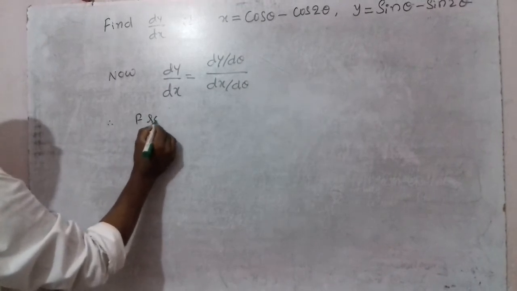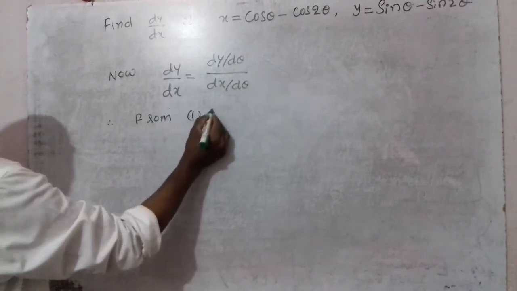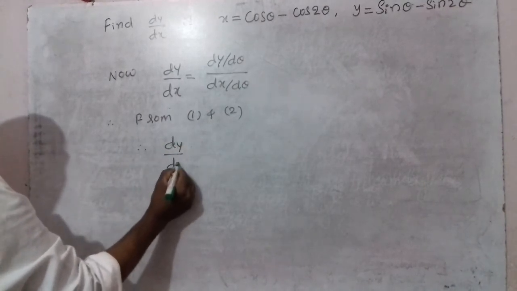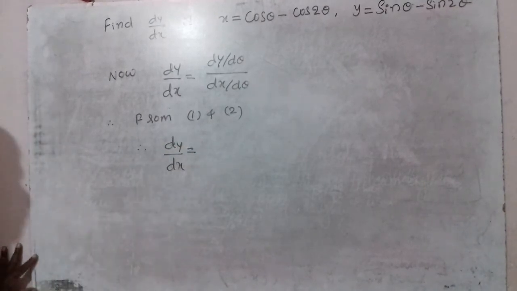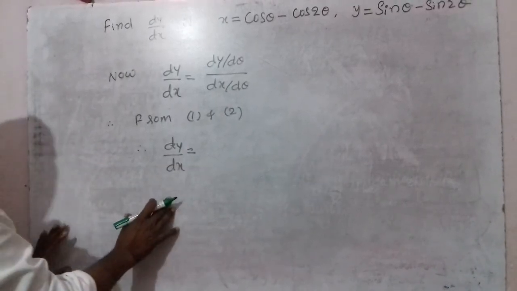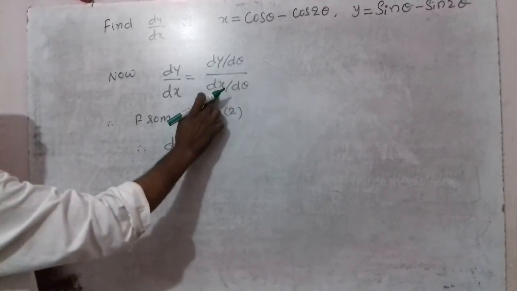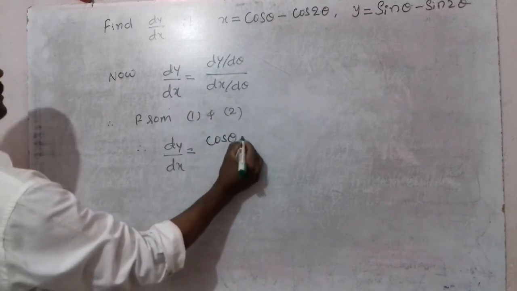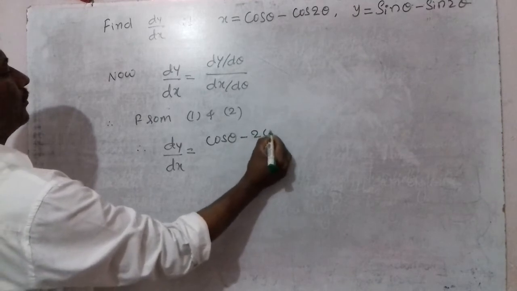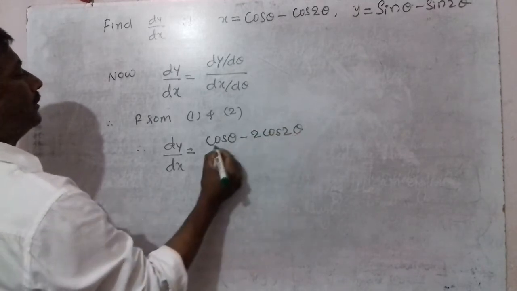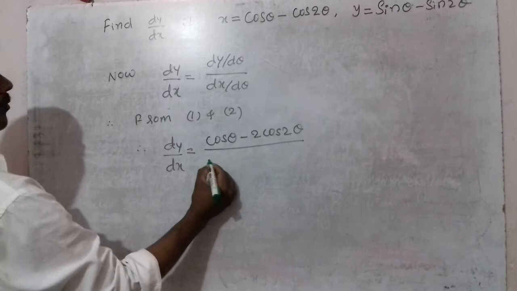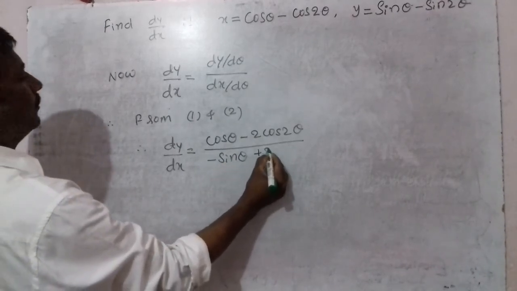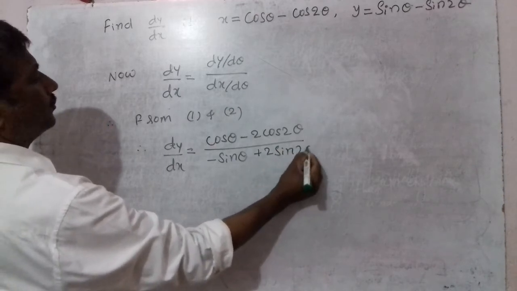Therefore from 1 and 2, dy by dx equals dy by d theta, which from 2 is cos theta minus 2 cos 2 theta, divided by minus sin theta plus 2 sin 2 theta.